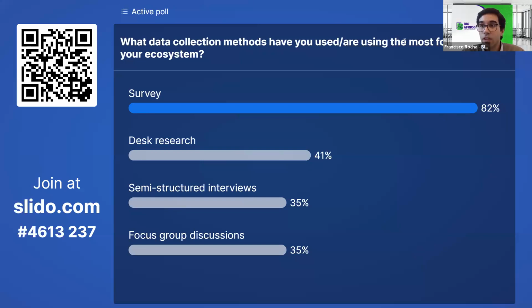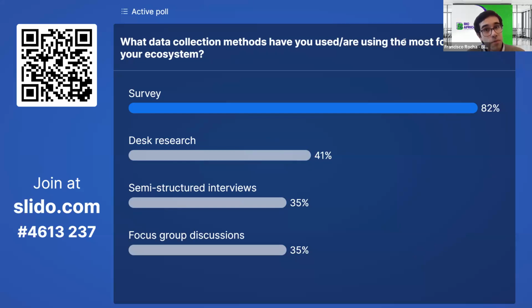But it's definitely the one that can potentially be more reliable in terms of data and quantitative data that it can provide on specific indicators. So this is very relevant to understand that from the answers provided, 82% have used or are using survey to map the ecosystem, which is very interesting.